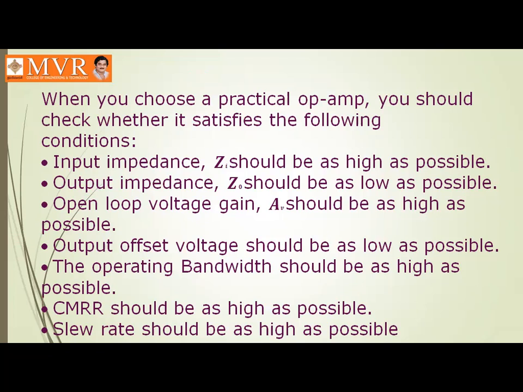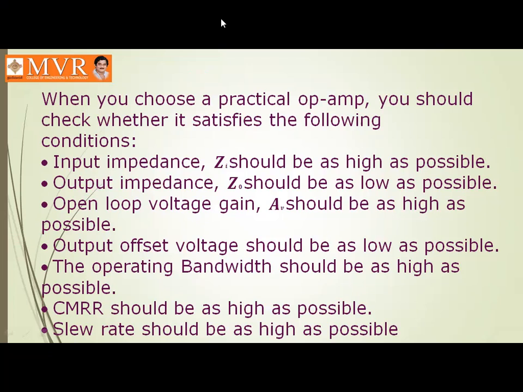We have also discussed how to improve the bandwidth of an operational amplifier. Coming to the CMRR, the common mode rejection ratio must be as high as possible. And coming to the slew rate, for an ideal op-amp, the slew rate must be infinity.